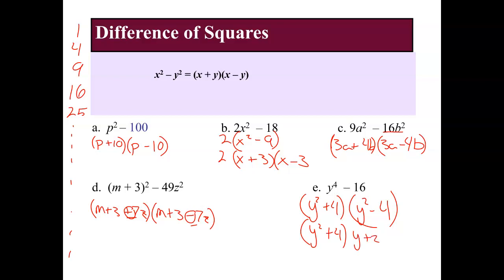But we can factor the new difference of squares. Y squared minus 4 splits into y plus 2, y minus 2. There's no factoring y squared plus 4, not with real values. Okay, so that's our difference of squares.